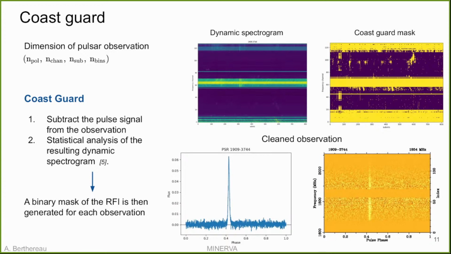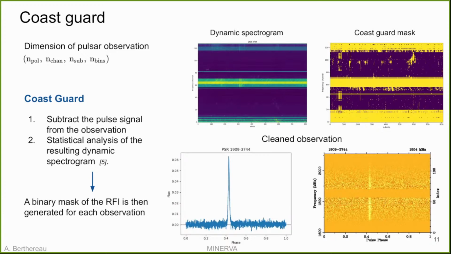Except for the sub-integration, every other dimension is static. We have the same number for every observation. And the number of sub-integrations will vary depending on how many sub-integrations we have during a 1 hour observation. And this will depend on whether the pulsar is an MSP or not. It depends on the pulsar period.